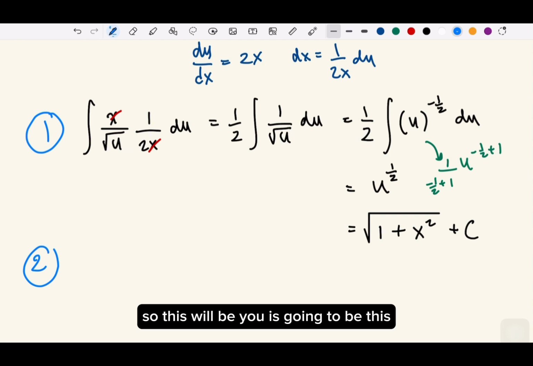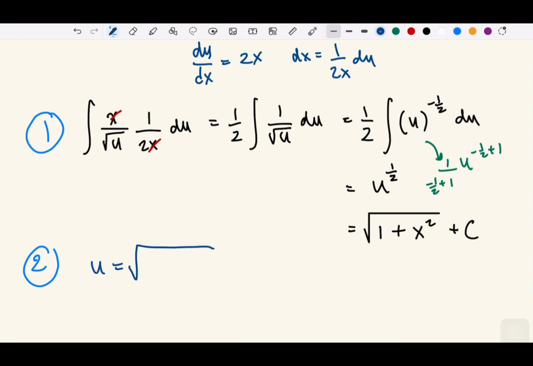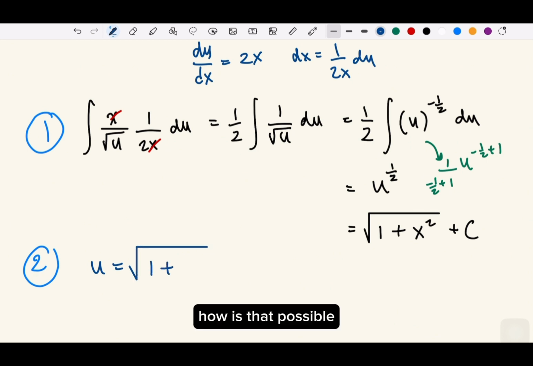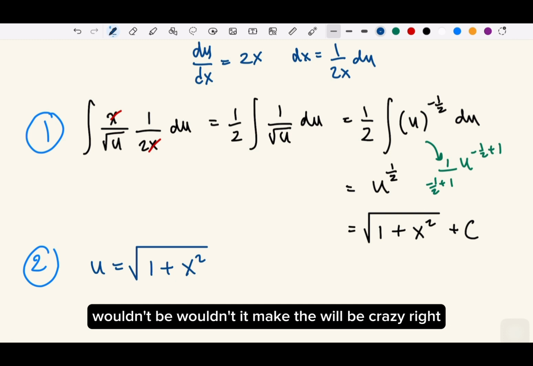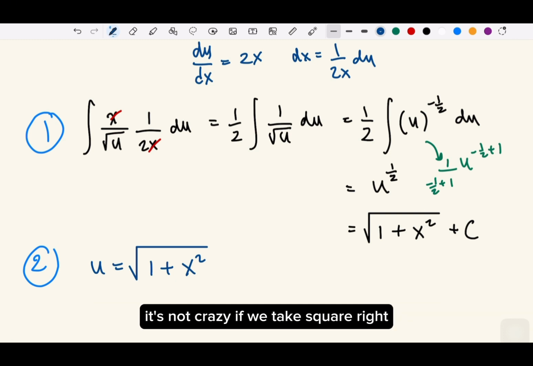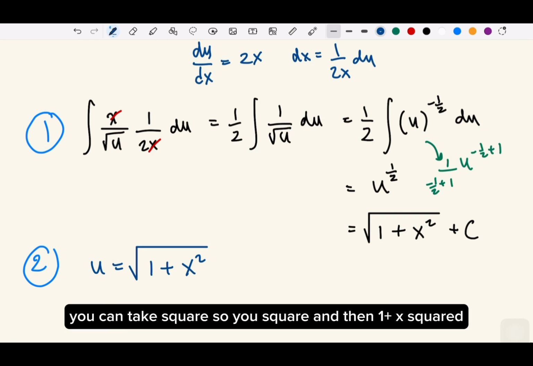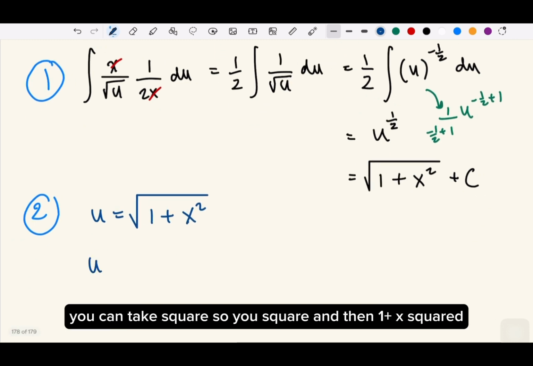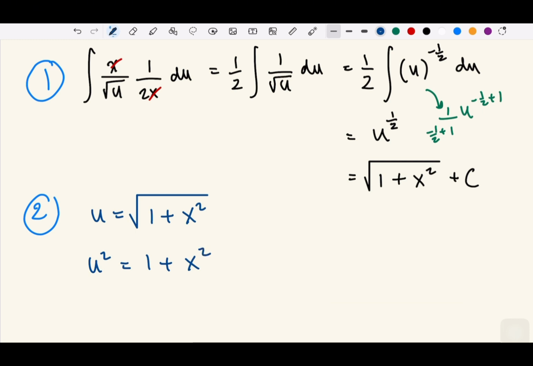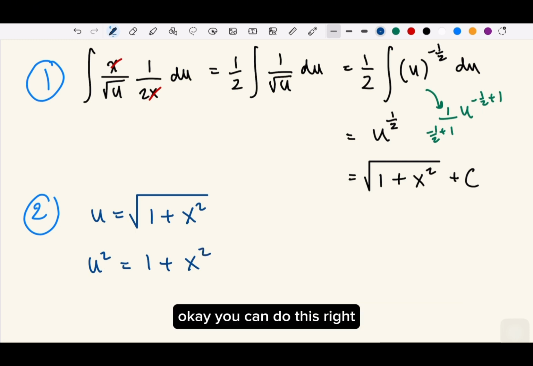So u is going to be this. How is that possible? Wouldn't it make the derivative crazy? It's not crazy if we take the square: u squared equals 1 plus x squared. Okay, we can do this, right?